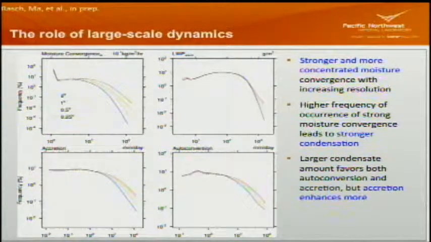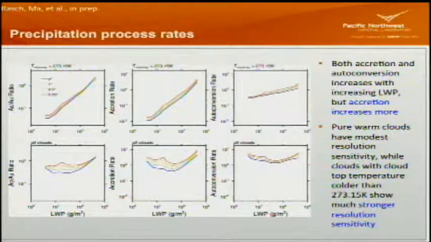So the moisture convergence becomes stronger and more concentrated. And that causes higher condensation rates. And that results in a higher frequency of occurrence for stronger accretion than autoconversion.